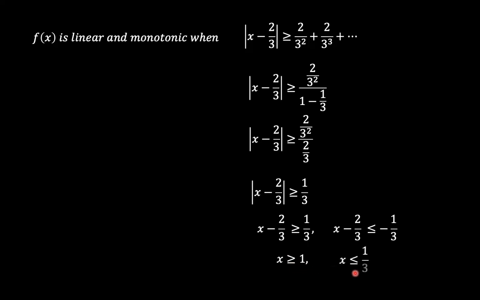And in the region where x - 2/3 is less than negative a third, x is less than a third. So between 0 and 1/3, we have a monotonic behavior that's also linear in nature. So we have a defined behavior of f(x) between 0 and a third and between 1 and infinity. But what about between a third and 1?